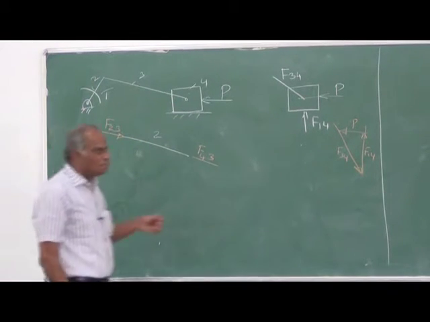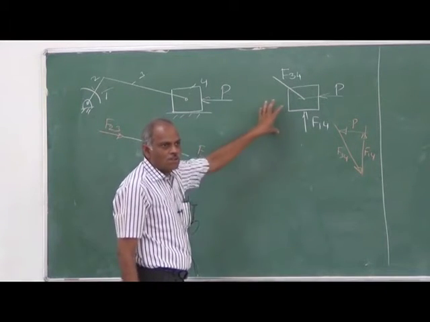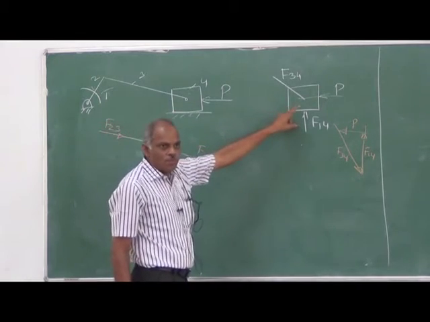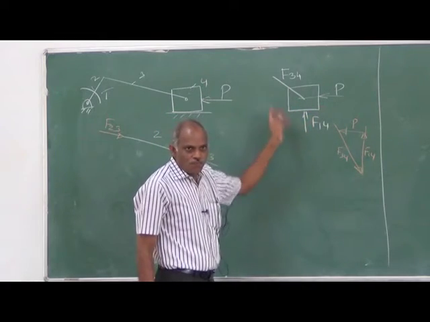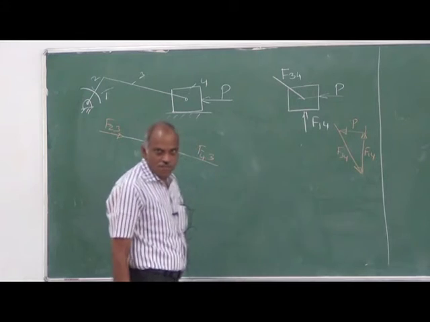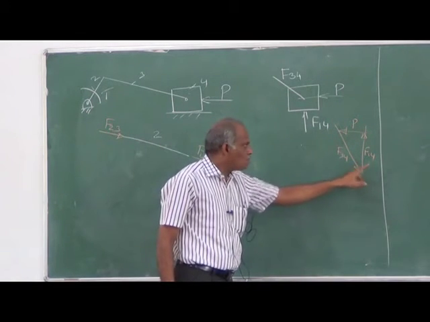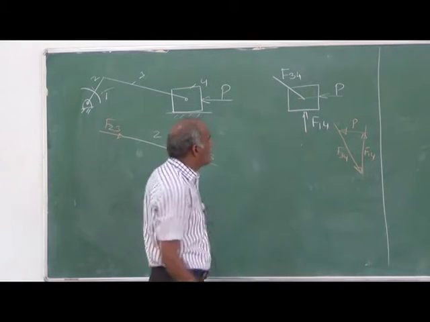Now we have discussed last class, the first step what you have to do is to draw the free body diagram of each linkage. So when it comes to the free body diagram of the piston, we have seen that three forces are acting. So we can use the theorem of three forces to find out the directions and the magnitudes of the reactions F14 and F34.